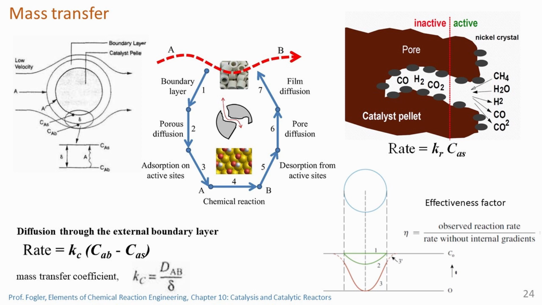The reaction catalyzed by solid catalysts occurs when the reactant molecules come in contact with the active sites, which are usually located inside the catalyst pores. In other words, the catalytic reaction takes place after the reactant molecules diffuse through the fluid layer surrounding the catalyst particles, then through the pores within the particle.